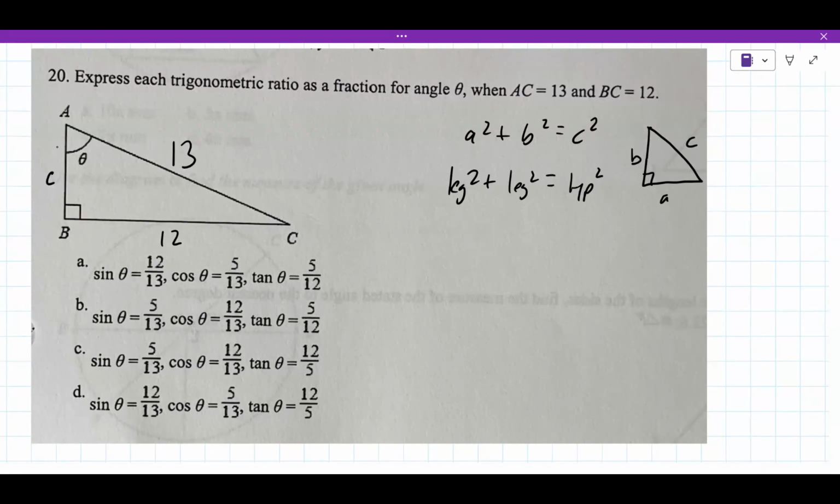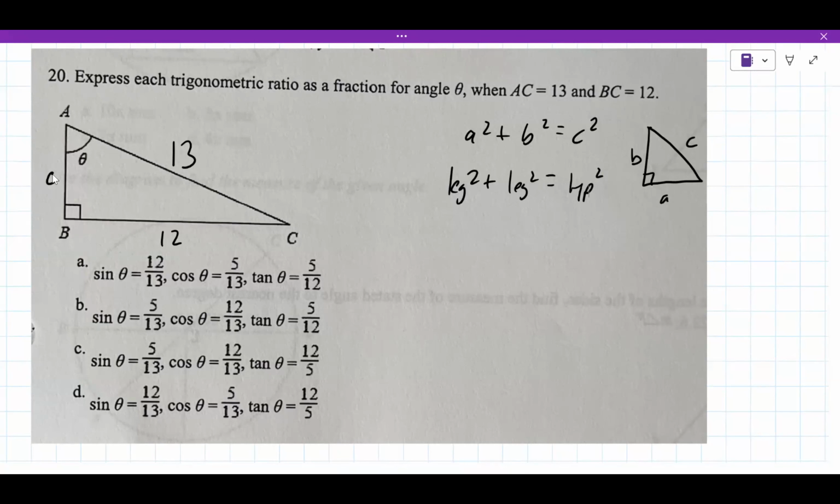Gotcha. Okay, so I'd like you to keep that in mind as you first solve for this missing leg. So in this case, the missing one would be a. So it would be a squared plus 12 squared equals 13 squared.